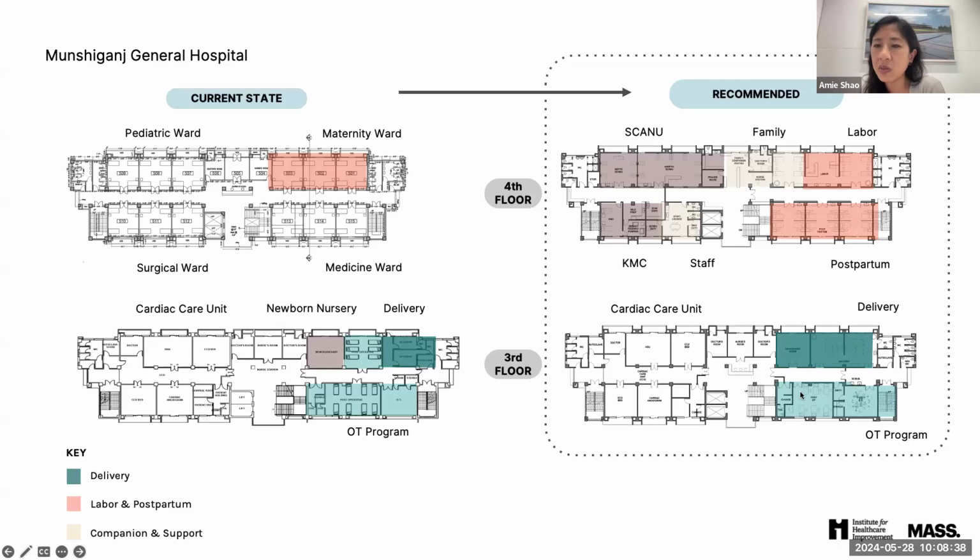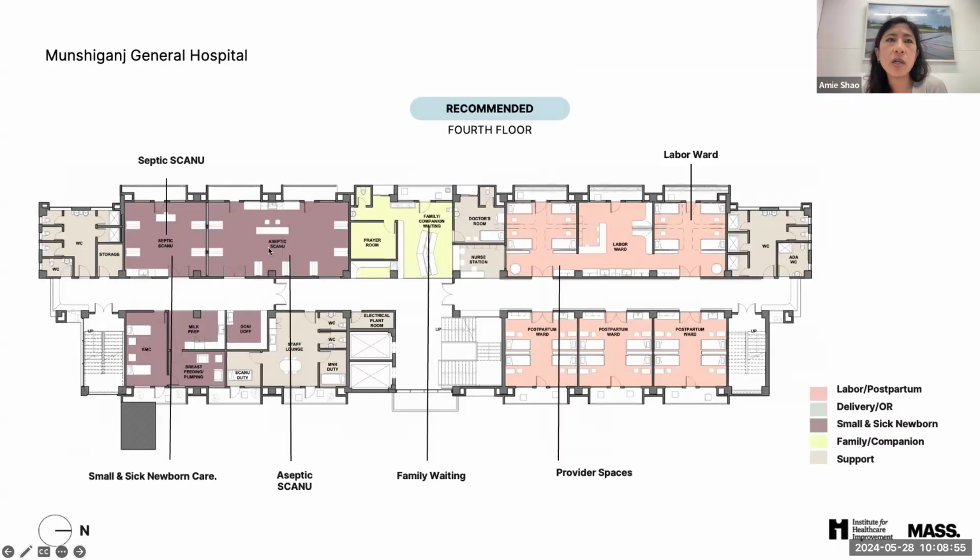Because as you mentioned, Bruno, it doesn't make sense to not use the investment that is already put in there. So it doesn't make sense to move the OT, but we did propose expanded delivery rooms, and then building out this additional floor. So just walking you through this quickly.